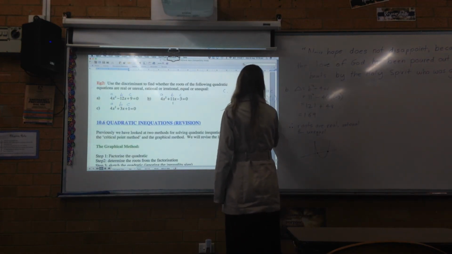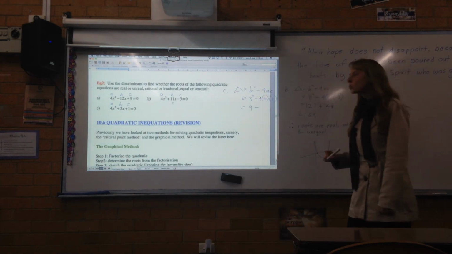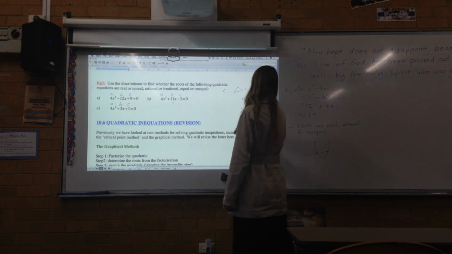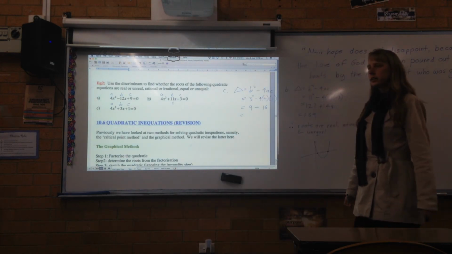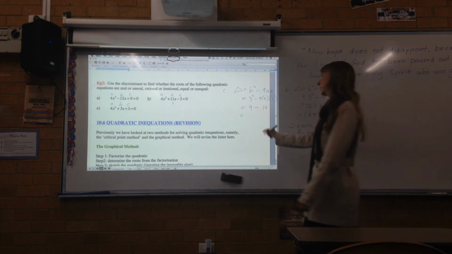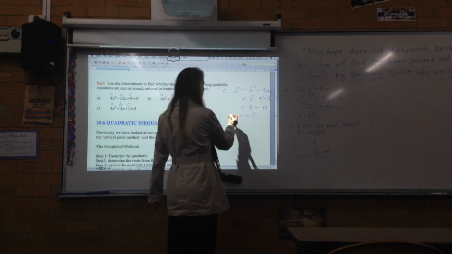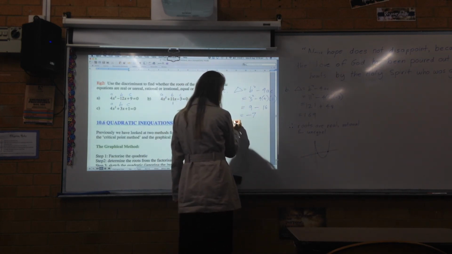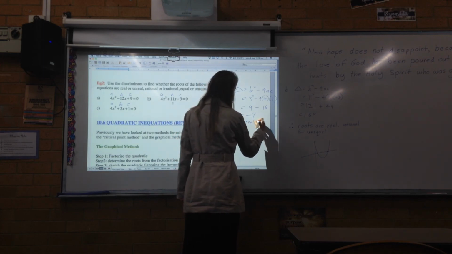So 9 minus 4 times 4 is 16. 16 times 1 is 16. Oh, this isn't looking good. We're going to get a negative number. We're going to get negative 7. So what do we say about our roots? No real roots. There are no real roots.